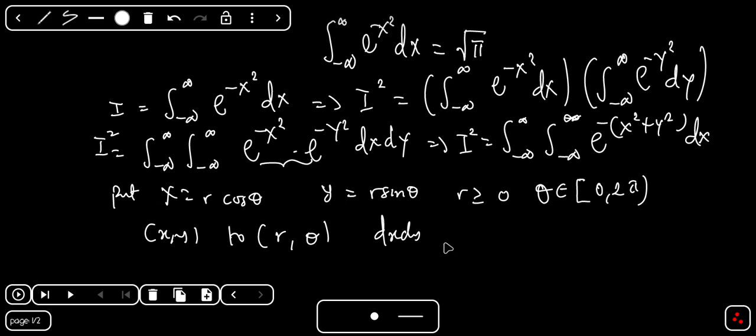How do we rewrite dx dy in the form of dr d theta? I will be using the Jacobian determinant of the transformation to express dx dy in terms of dr d theta. Okay, guys.